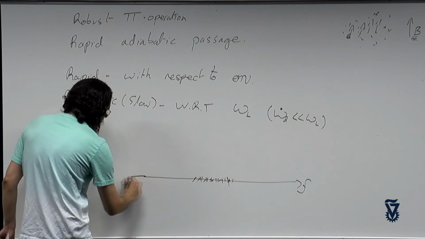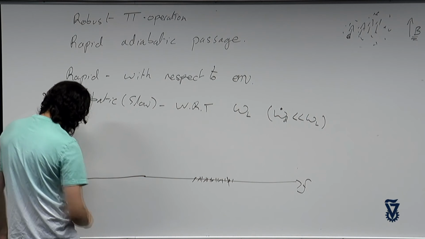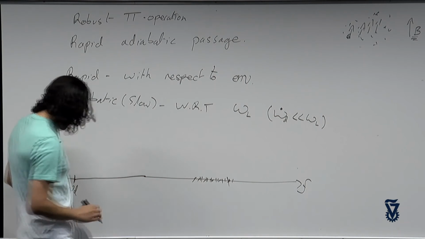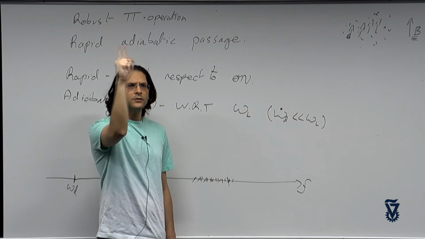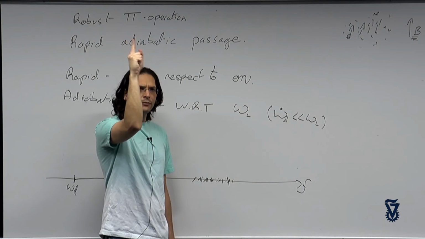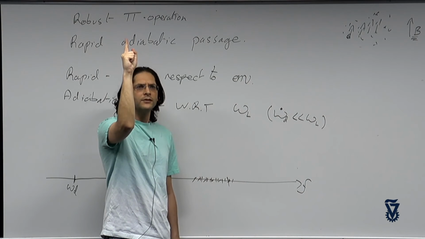And now we go highly off resonant. This is omega drive. And when we're highly off resonant, nothing is happening. So all the spins are very rapidly rotating like this around the z-axis. So effectively they're static like this.